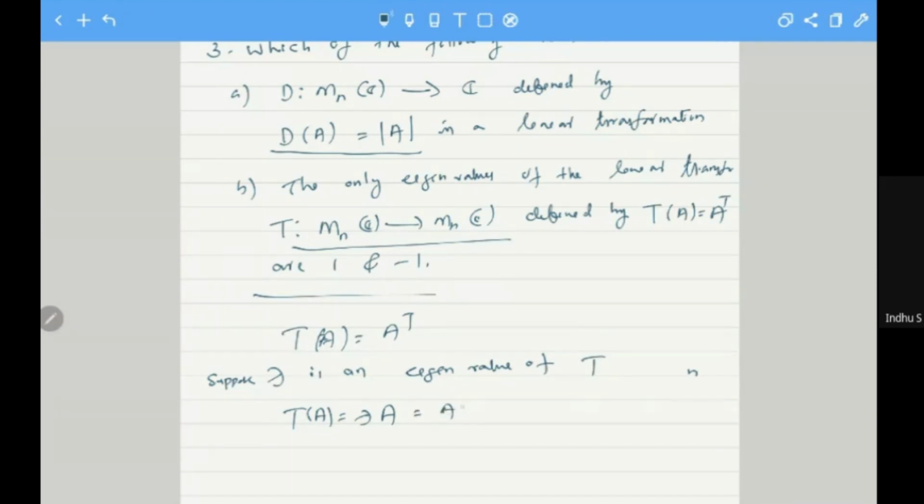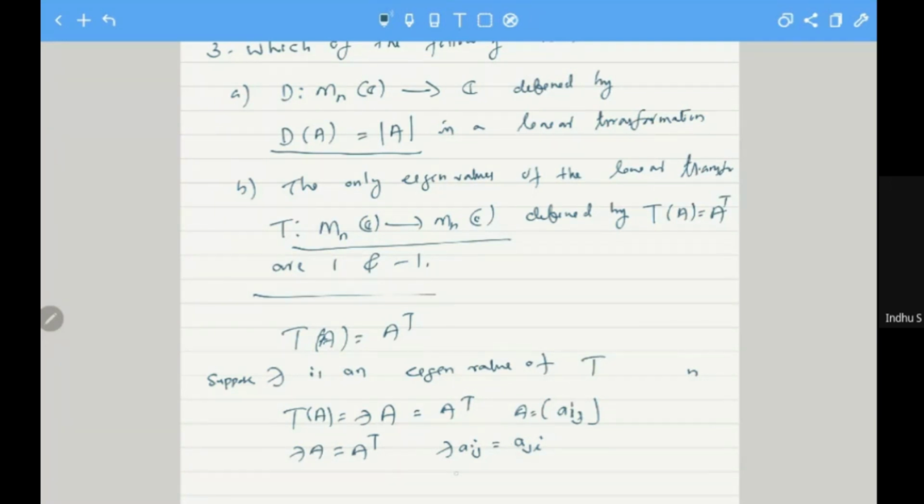This is A transpose. That means lambda A should be equal to A transpose. Suppose A is the matrix Aij. Then lambda times Aij equals Aji.